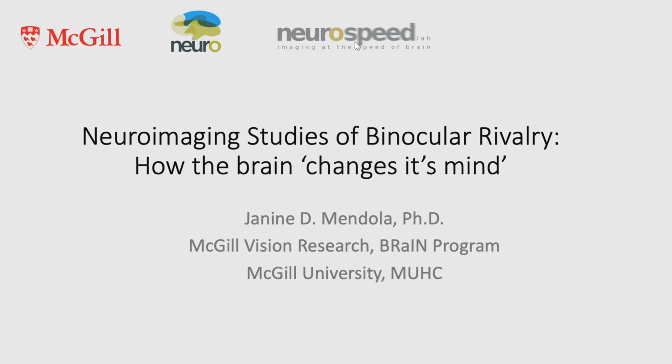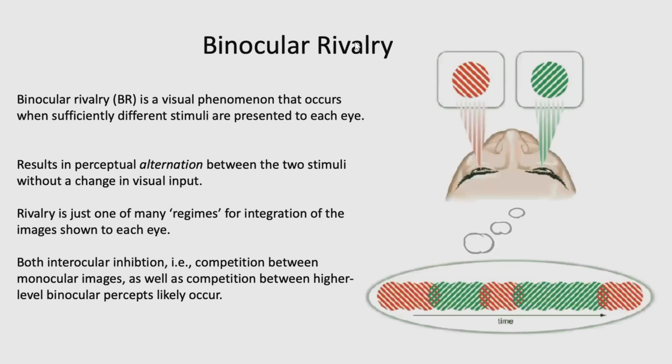Okay. So today I'm going to talk about my favorite visual illusion for sure, binocular rivalry. I suspect most of you are familiar: when you show different images to the two eyes, this results in perception alternating between the two possible images.